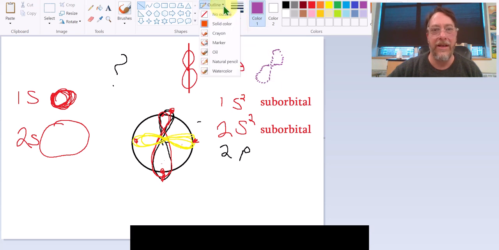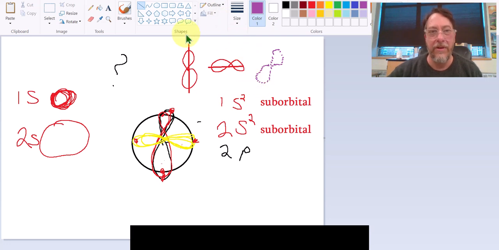That's very sad. Normally I would do a dashed line, but we won't. We'll just pretend that this is coming out of the board. Whoops, it's a line. I meant to do the pencil. So we'll pretend this is coming out of the board here.